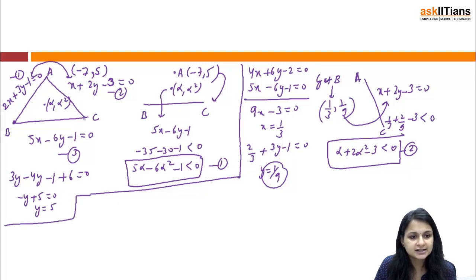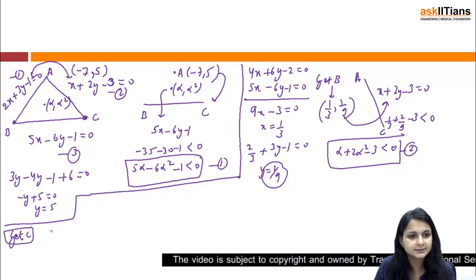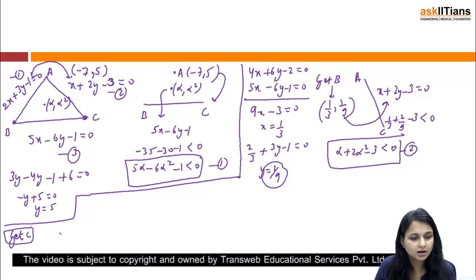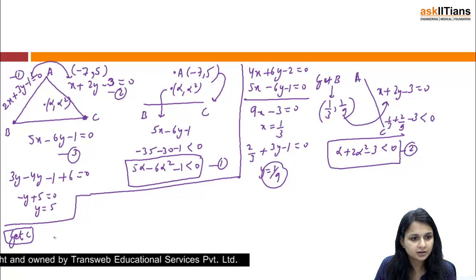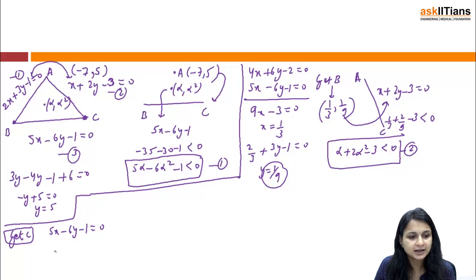Now, in this case, I have to get C. So for getting C, I will take the 2 lines which will be BC and AC. So 5x minus 6y minus 1 equal to 0. Multiply the second equation by 3. So 3x plus 6y minus 9 equal to 0. I will add them.